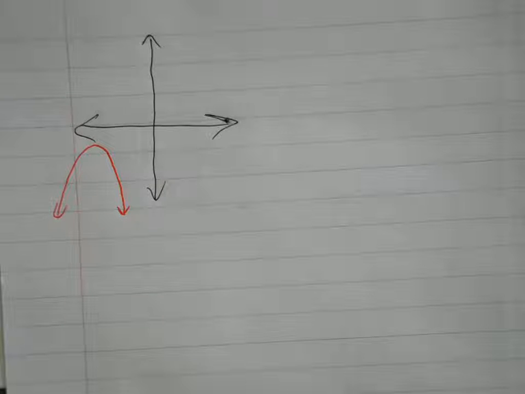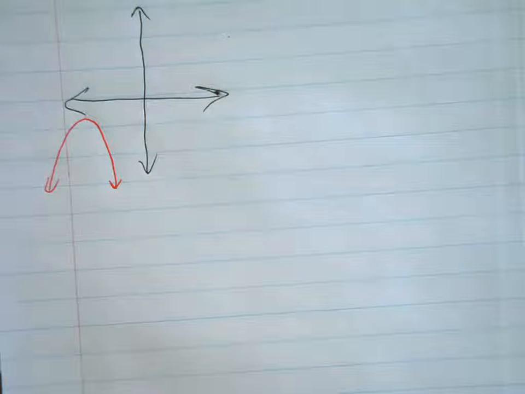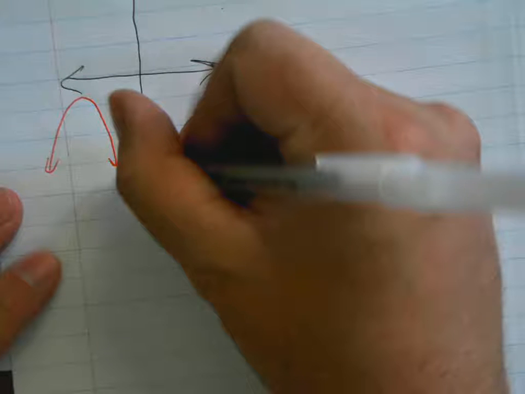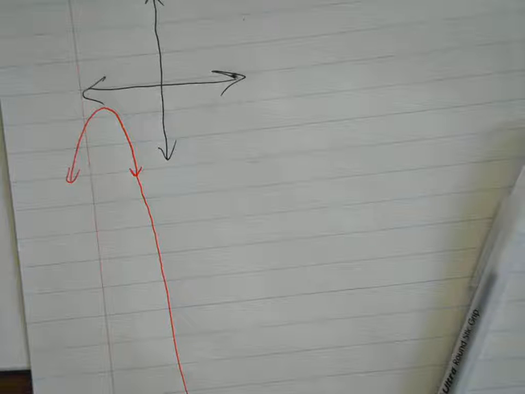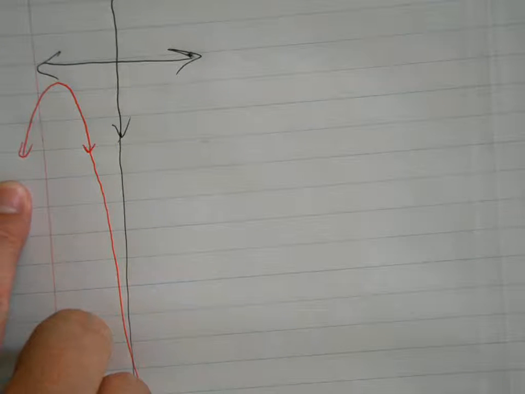So if I kept going, eventually it's going to cross that y-axis. So the initial quadrant is quadrant 3, but it ends up in quadrant 4.